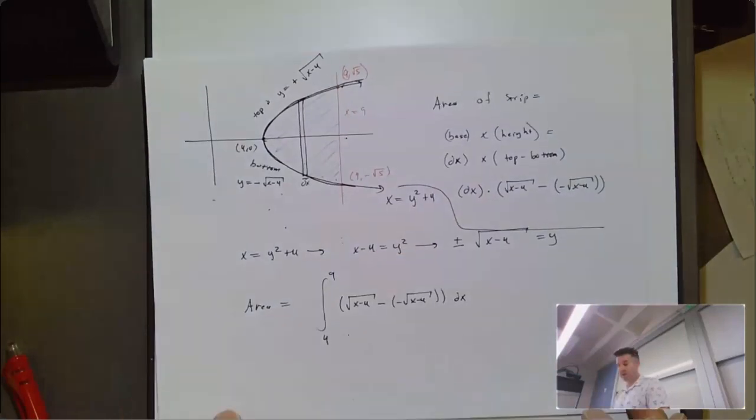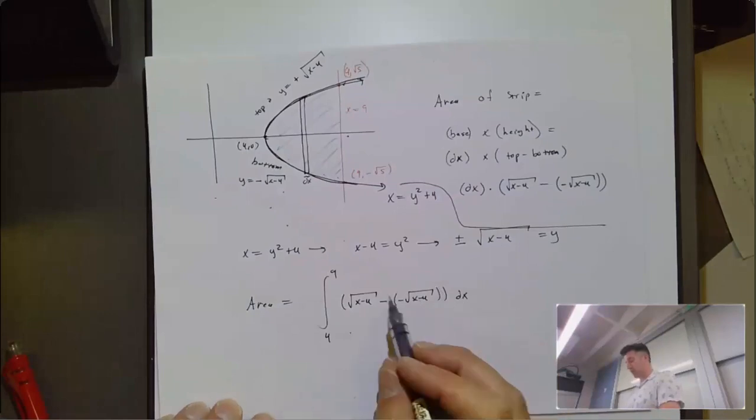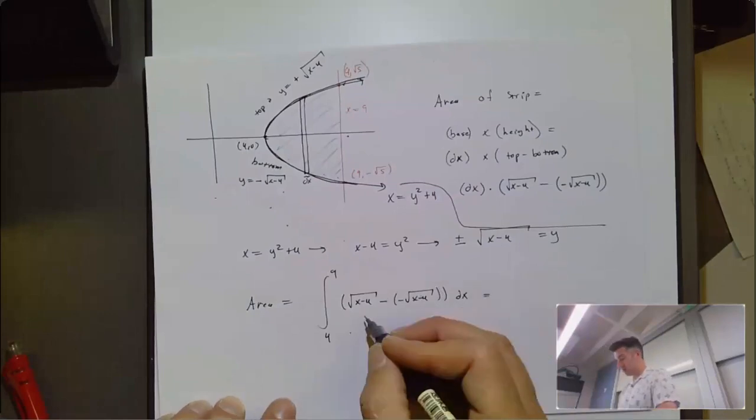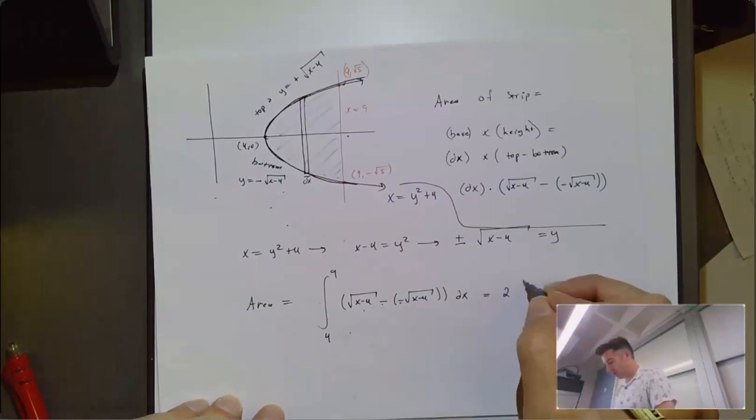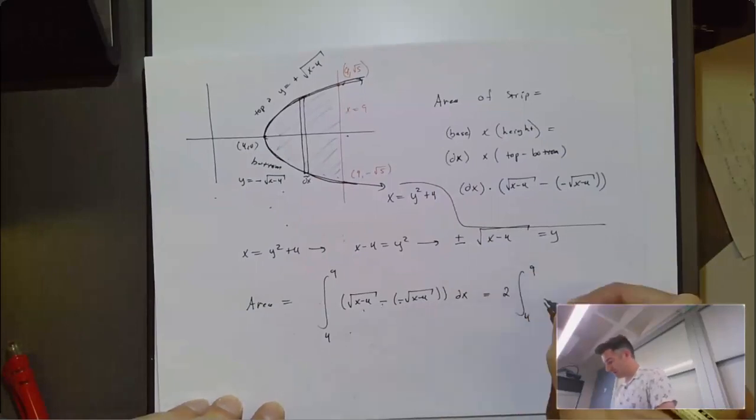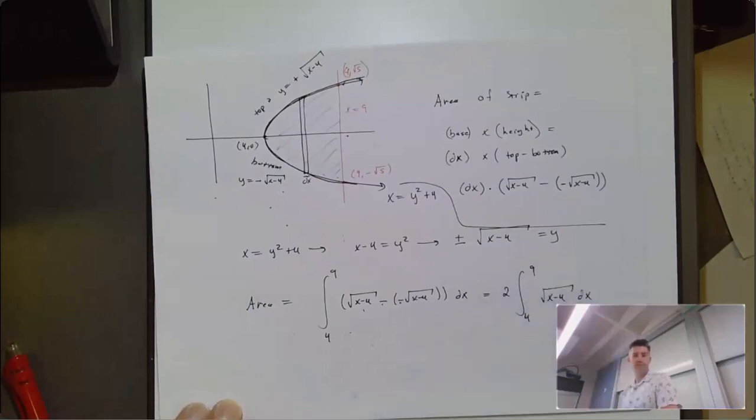And the one thing I'll say about this is you usually see people simplify this integrand, because square root of x minus 4 minus minus, so plus the square root of x minus 4, is 2 times the integral of the square root of x minus 4. All right.